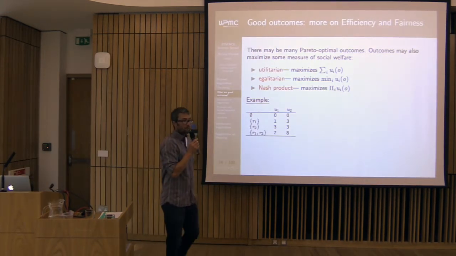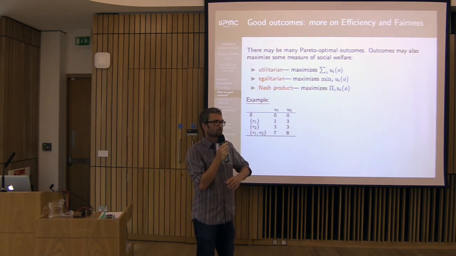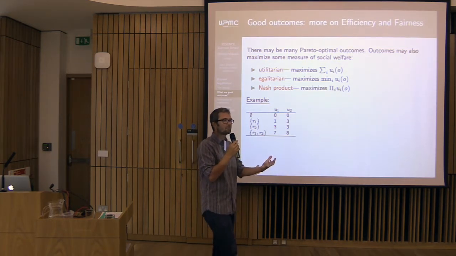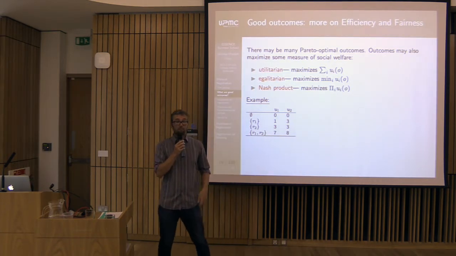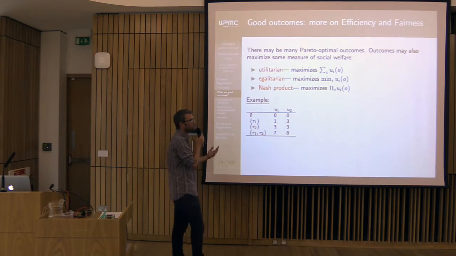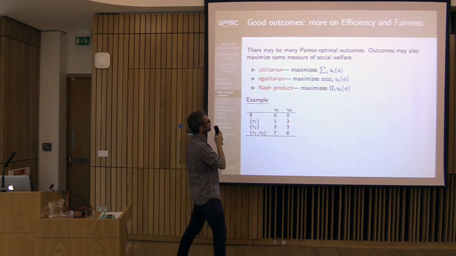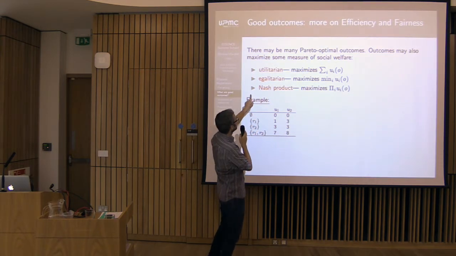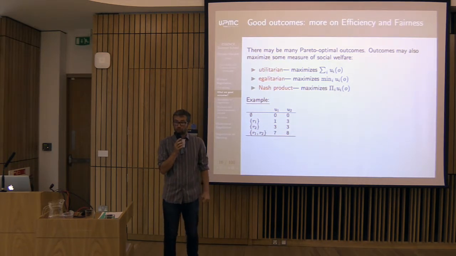If you have values, you can do much more. You can aggregate values, you can talk about the collective utility of the set of agents, and you can do that in many ways. If you have values, you can use any aggregation function you could think of. The most simple ones are the utilitarian, so this is called a social welfare function. The most basic one is utilitarian, so you want to maximize the sum of utilities.